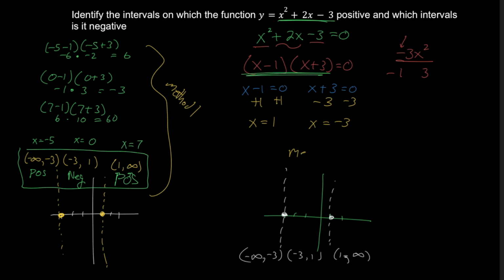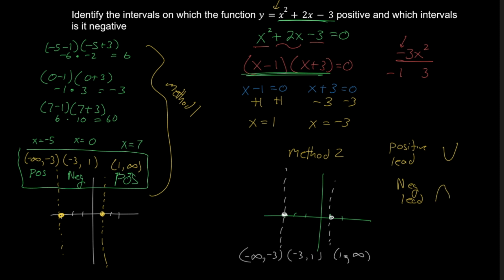over here for method 2 is just to look at the leading coefficient. If the leading coefficient is positive, then it's a U up. If it's a negative leading coefficient, then it's a U down.